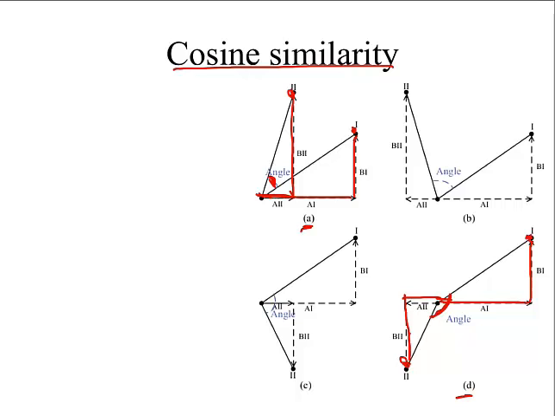For intermediate values, if A1 and A2 are pointing in opposite directions but B1 and B2 are pointing in the same direction, we get an angle that's not close to 0 and not close to 180, but closer to 90 degrees. And in this case, B1 and B2 are pointing in opposite directions, but A1 and A2 are pointing in the same direction, and similarly we get an angle closer to 90 degrees.